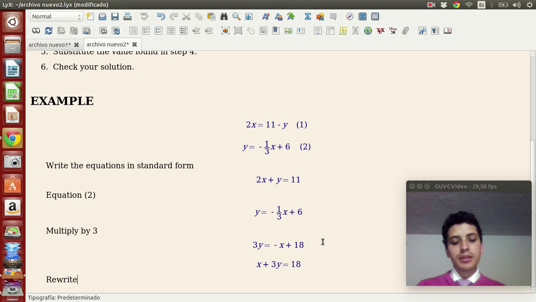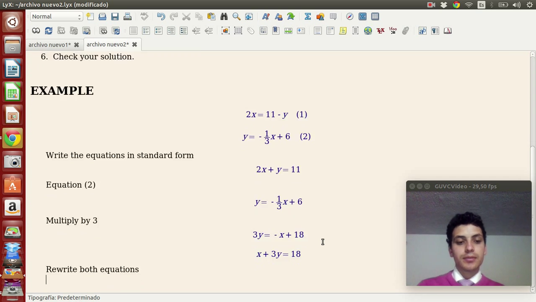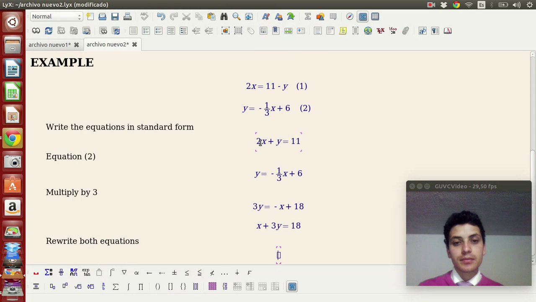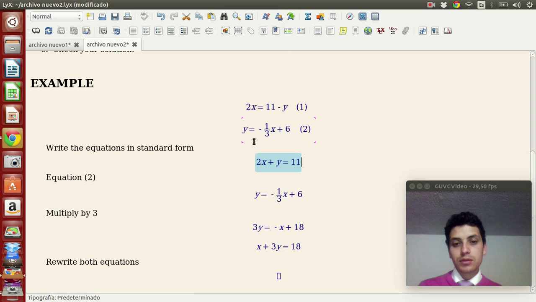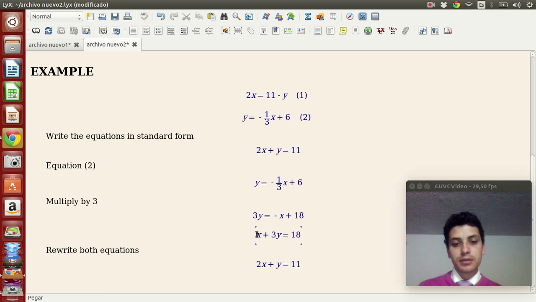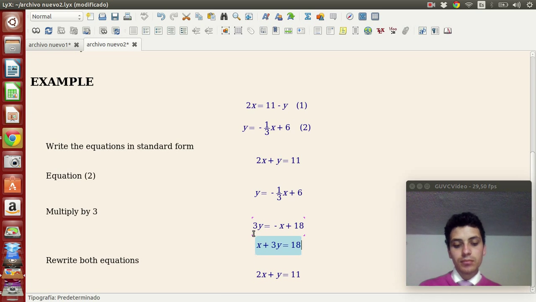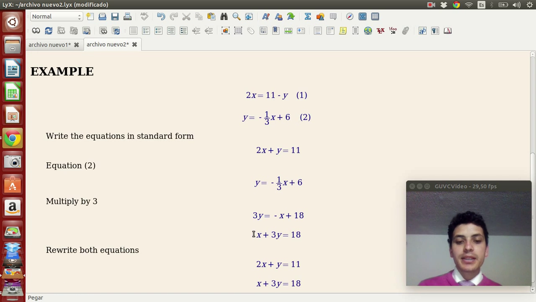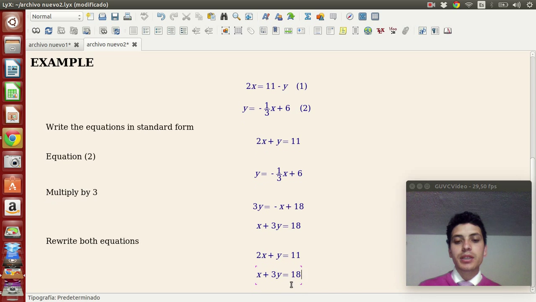So rewrite both equations. In this case I have 2x plus y equals 11 and x plus 3y equals 18.